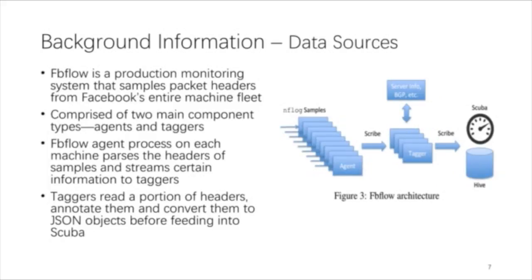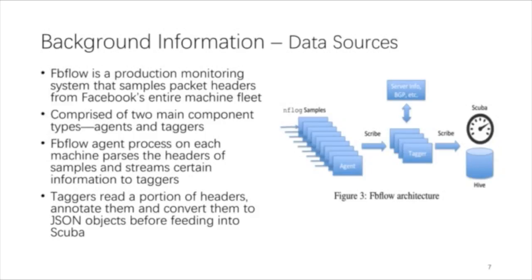So now let's see how the authors get the data sources. So first one is FBFlow. So FBFlow is a production monitoring system that samples packet headers from Facebook's entire machine fleet. That means it basically is controlled by Facebook, and it will sample all the packets randomly.